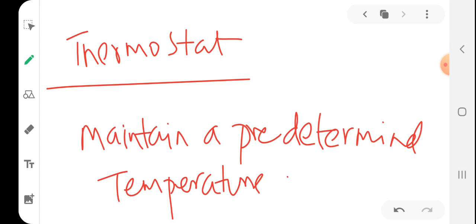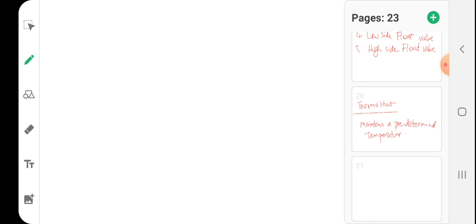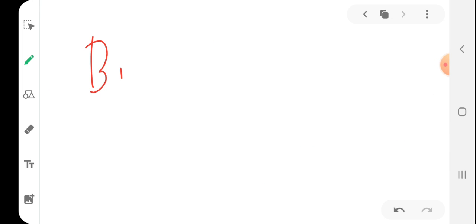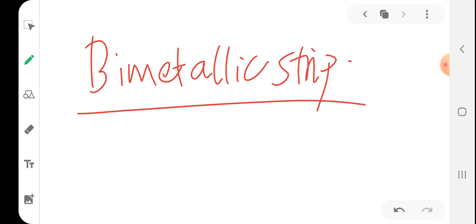These refrigeration thermostats are similar to room thermostats in that they use a bimetallic strip to sense temperature.